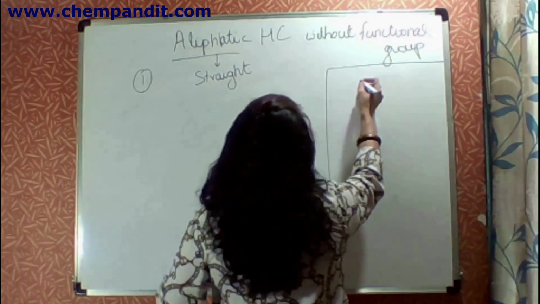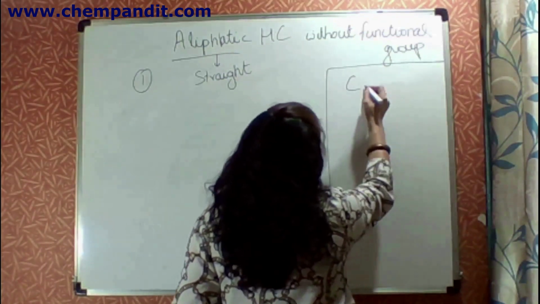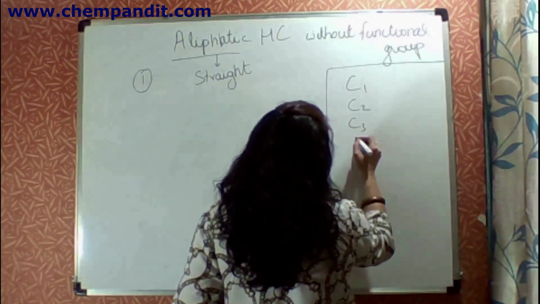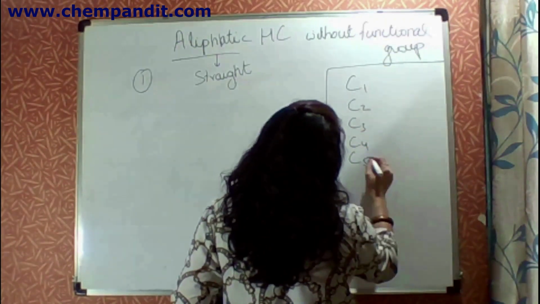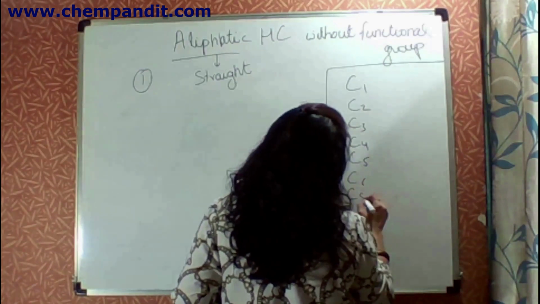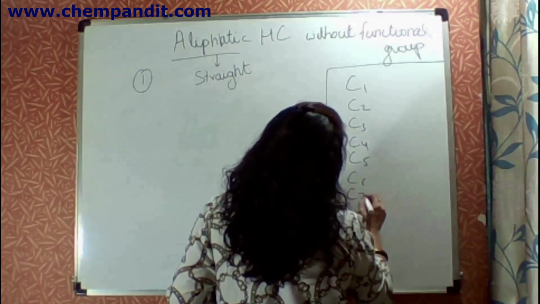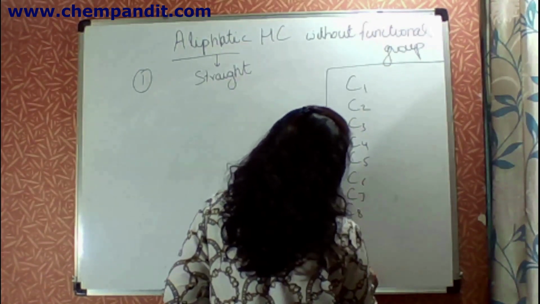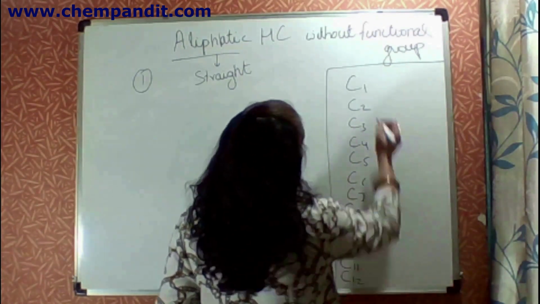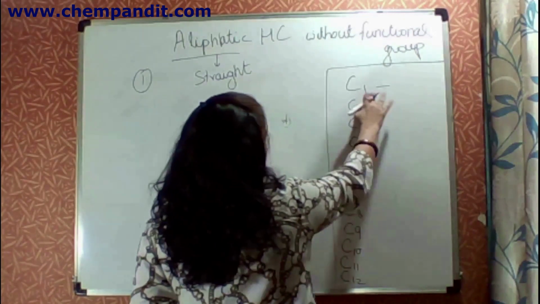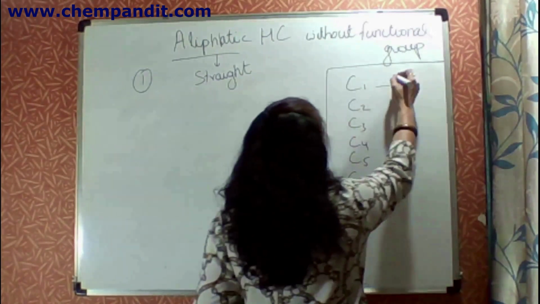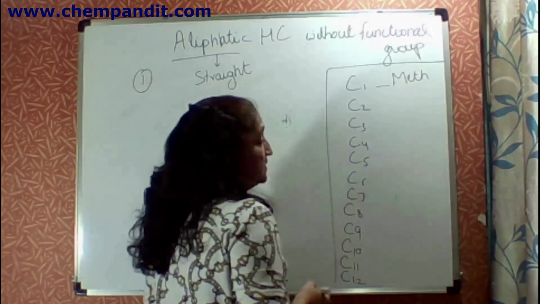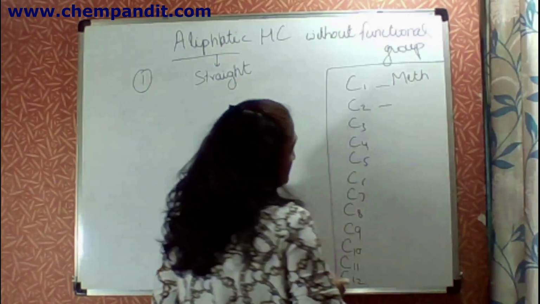Suppose the root word is obtained from here. Suppose the compound contains one carbon atom, then the root word will be meth. M-E-T-H, meth.